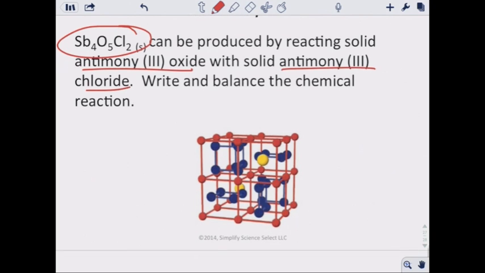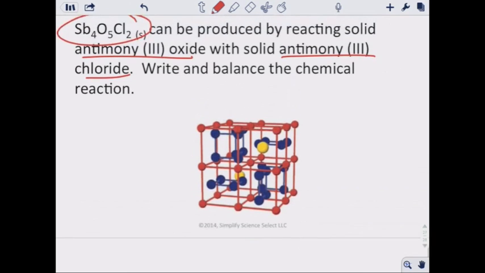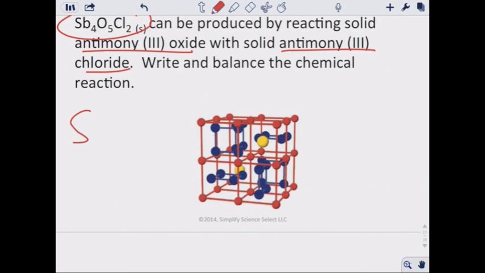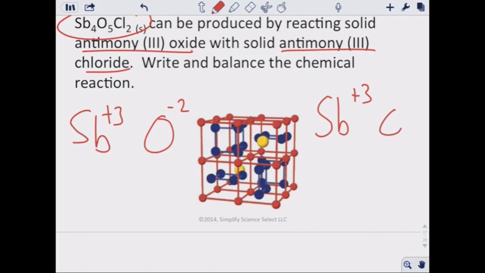So we start off, we have Sb, and that's +3, and then oxide is O, -2. And this other one is Sb +3, and chlorine, which is -1. Remember, those are their oxidation numbers. We get the 3 from right there for each of those, but this oxygen has -2 because it's in group 16.